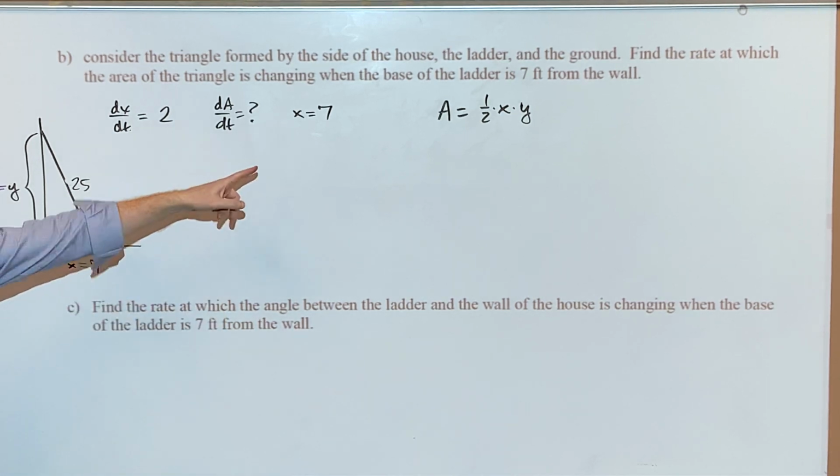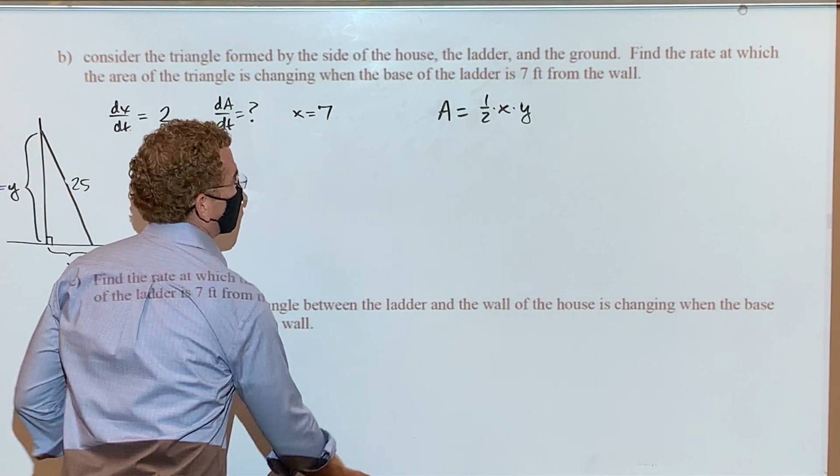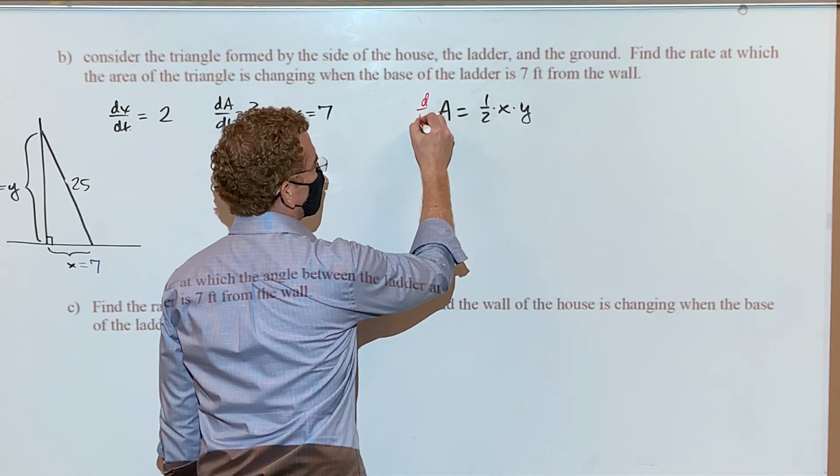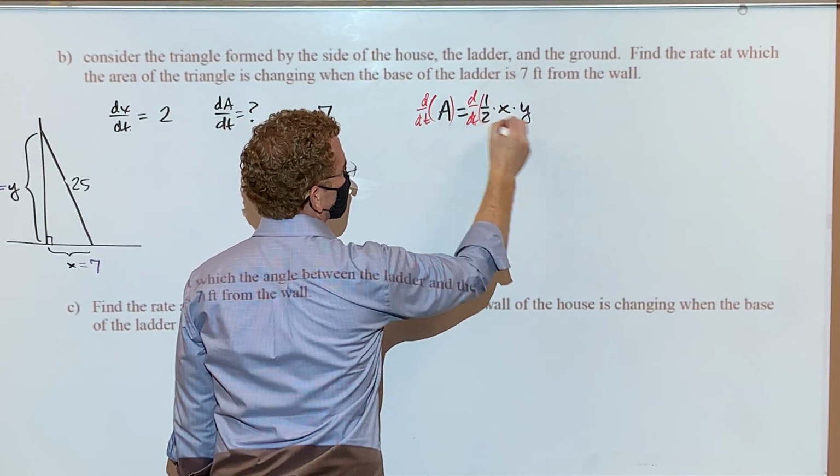As long as you're consistent, you're going to be okay. All right, so right here, anybody got any ideas for what to do with this 1/2 xy? Take the derivative? Okay, so if I took the derivative and did d/dt of both sides, what am I going to have to do to take the derivative here?